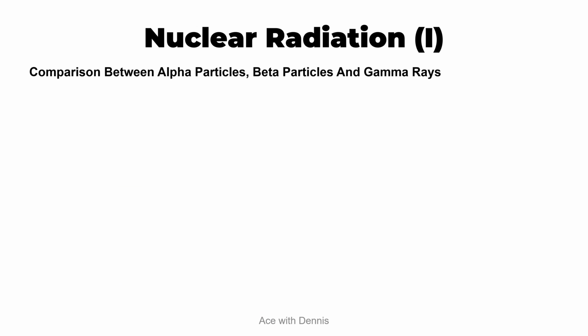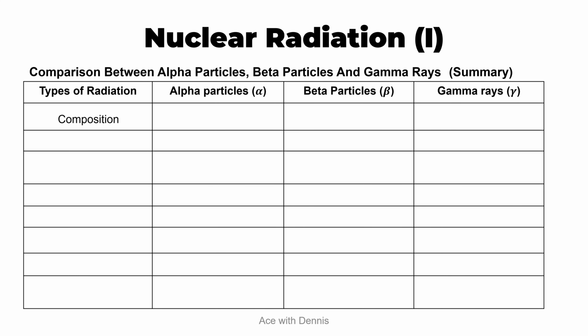Alright, let's put everything together into a table, the comparison between alpha particles, beta particles, and gamma rays. The composition of an alpha particle is 2 protons and 2 neutrons, which is identical to a nucleus of helium-4.